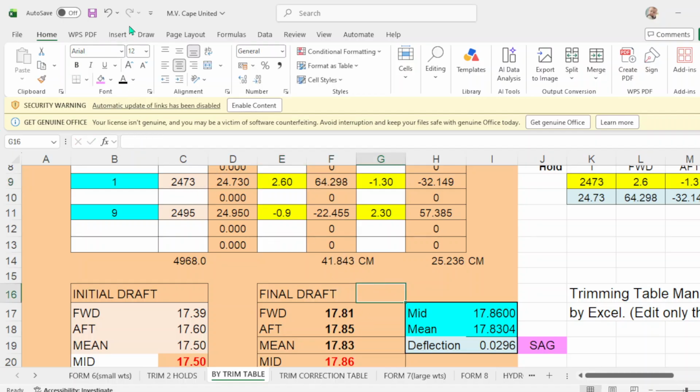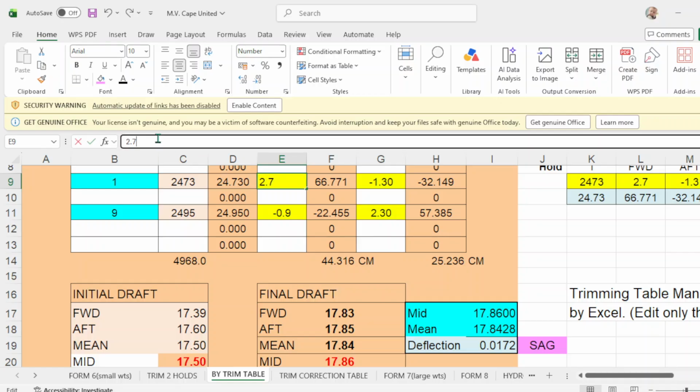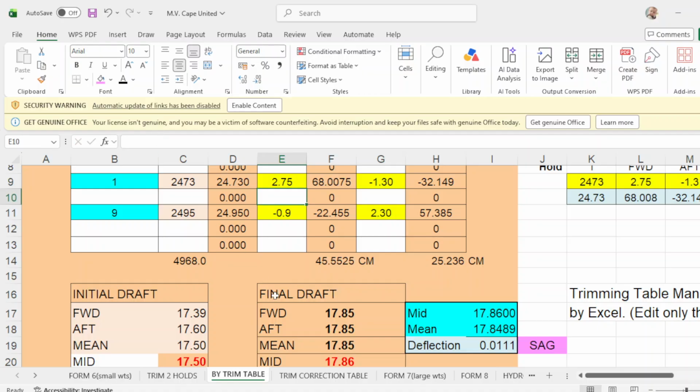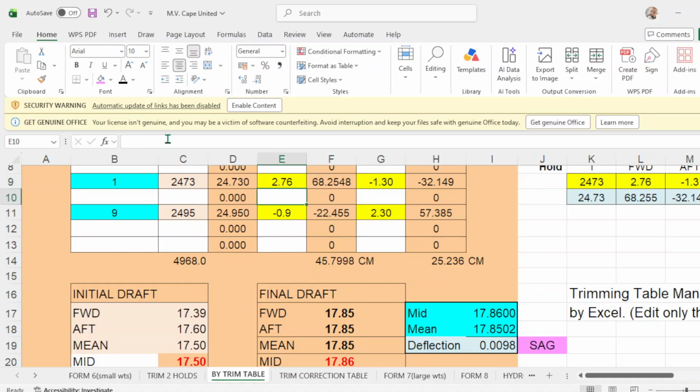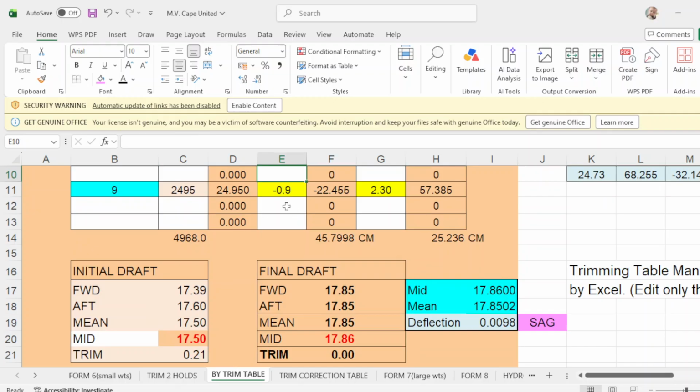Undo. Make it this 75. Make this 76. Look at your trim. 0.